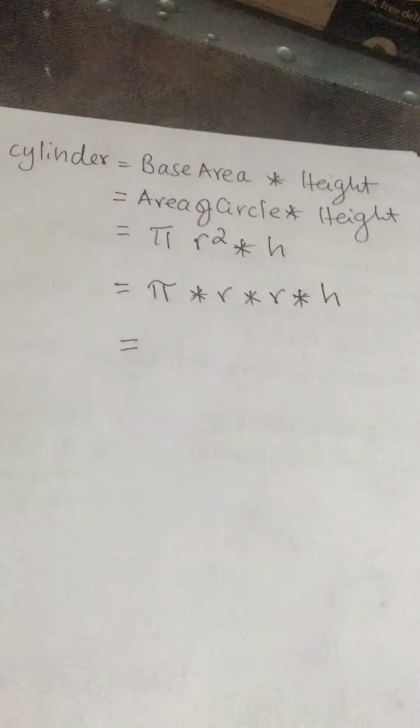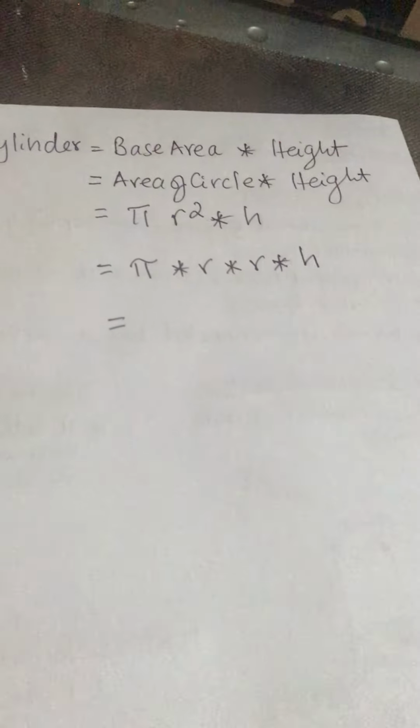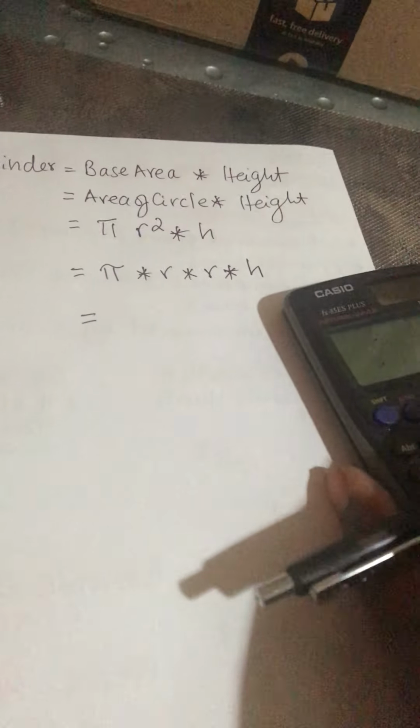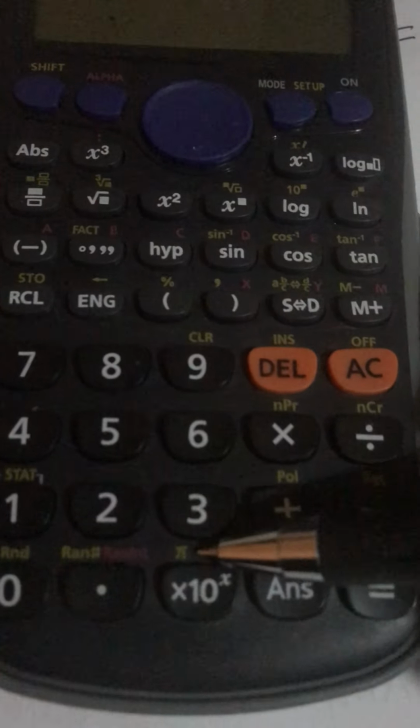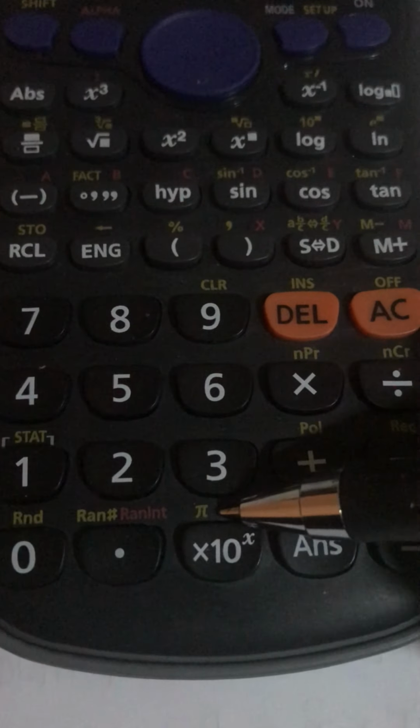Now, don't use pi as 3.14. You're going to use pi from your calculator. You're going to find pi over here. You see it? Right here. So, let's first finish writing our values.